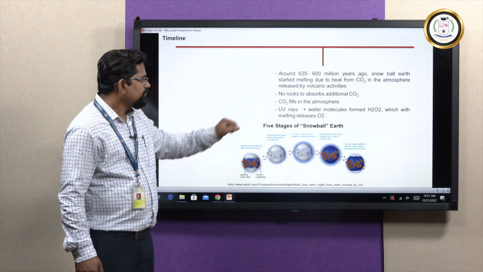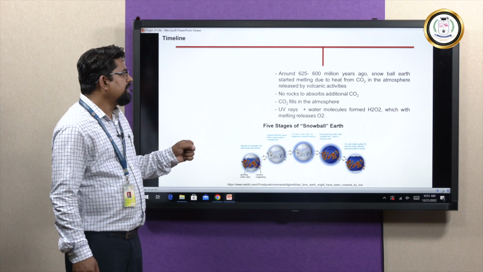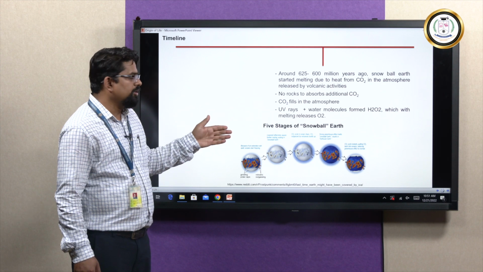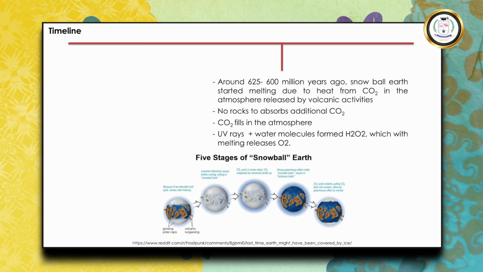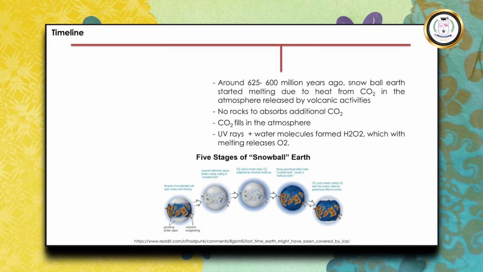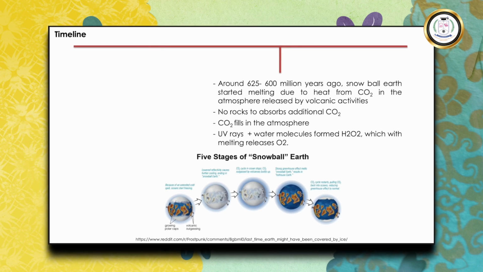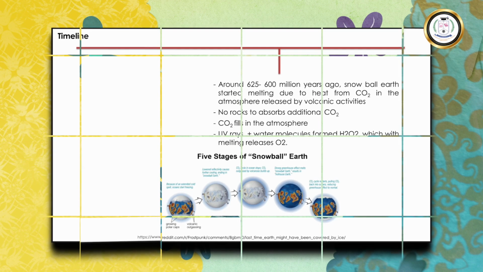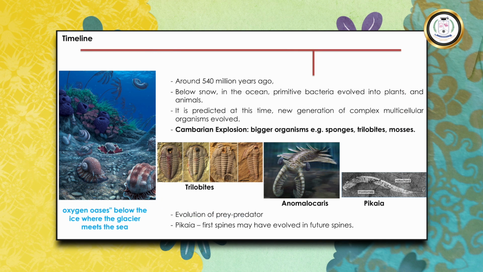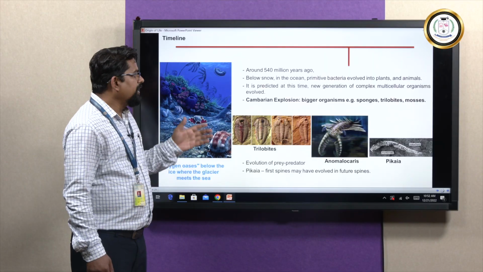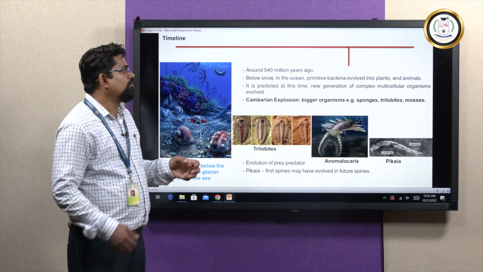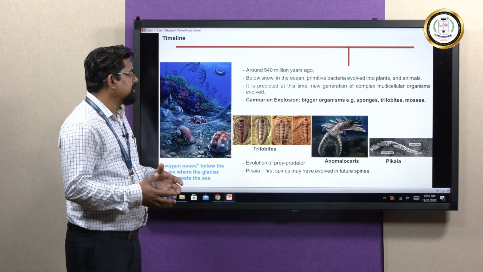At that time, ultraviolet radiation might have reacted with the water molecules and formed H2O2. So with the decline in the ice, this oxygen might have been released into the atmosphere. Down the line, around 540 million years ago, below the snow in the ocean, the primitive bacteria might have been evolving into the plants and the animals.